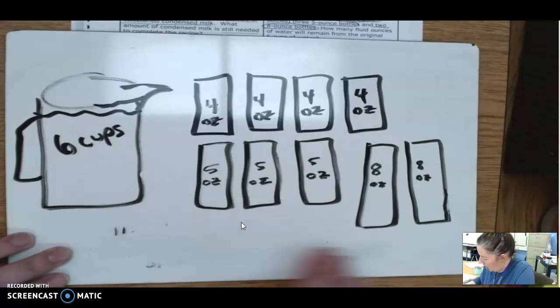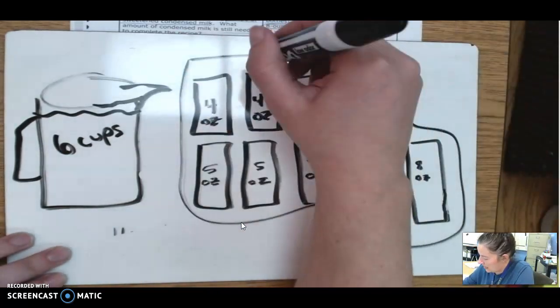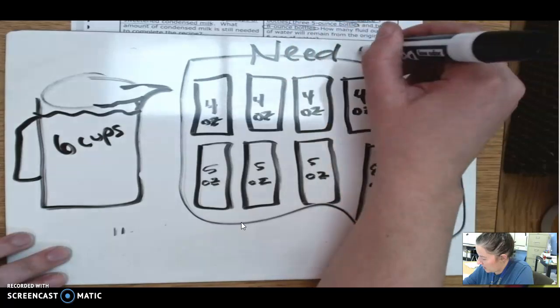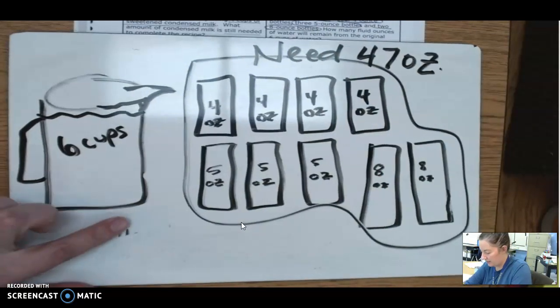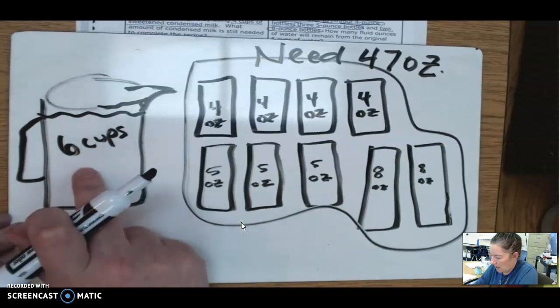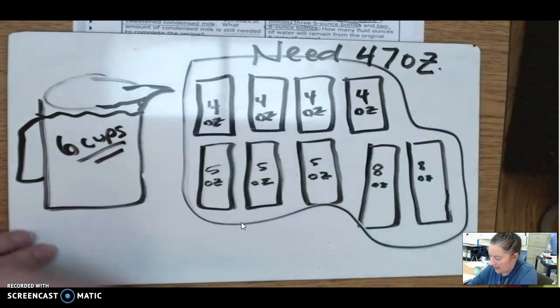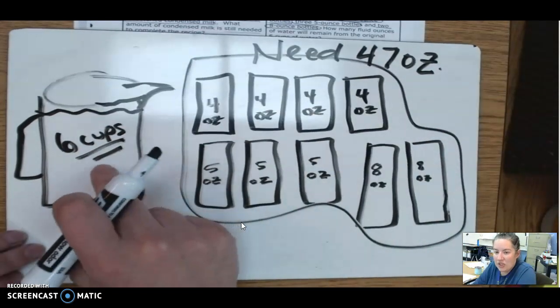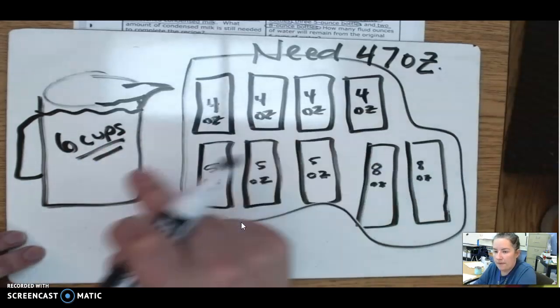So all of these bottles, we need 47 ounces for it to go. Now we have 6 cups. We need 47 ounces. We have 6 cups.